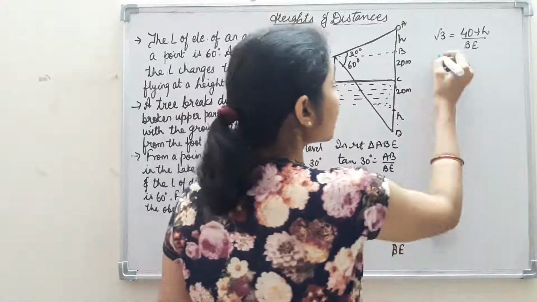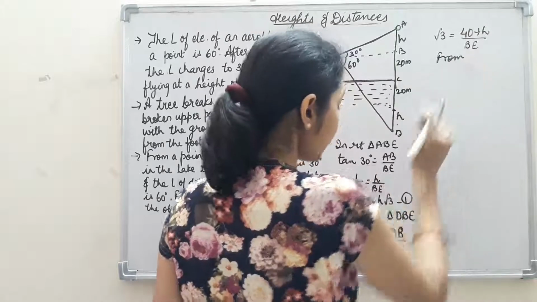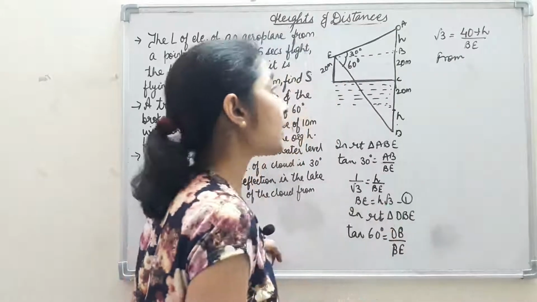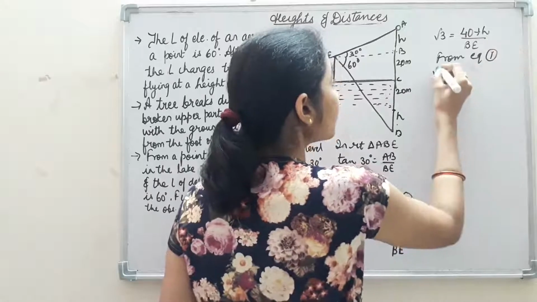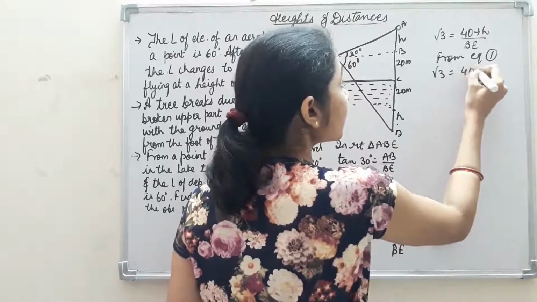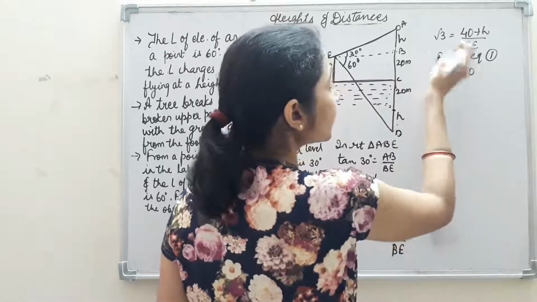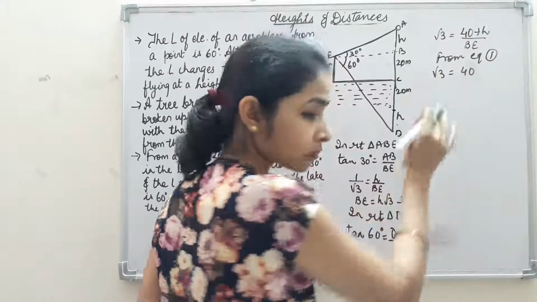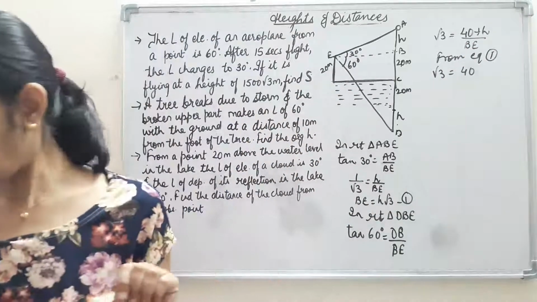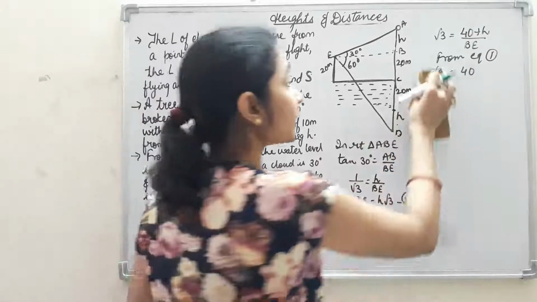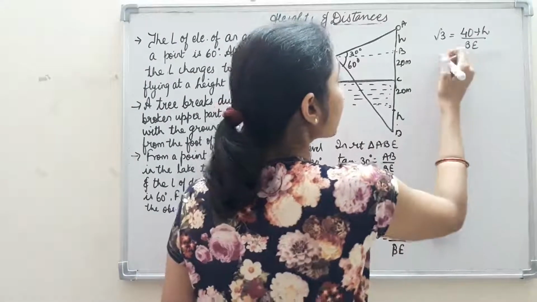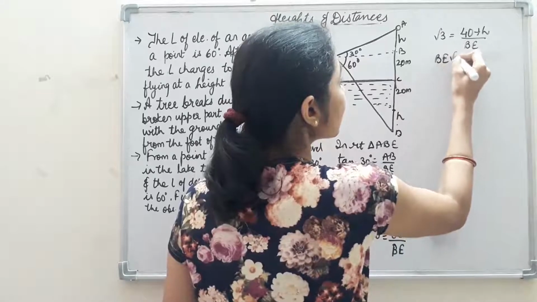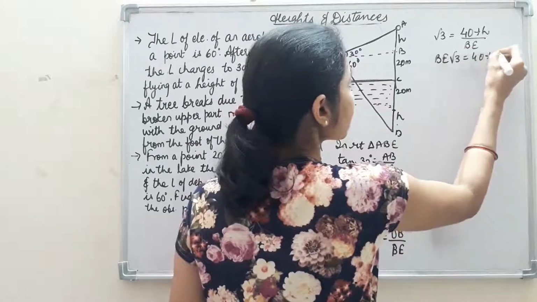Now from equation 1 we will substitute the value of BE, and BE is h root 3. Taking BE on the other side, BE root 3 is equal to 40 plus h.